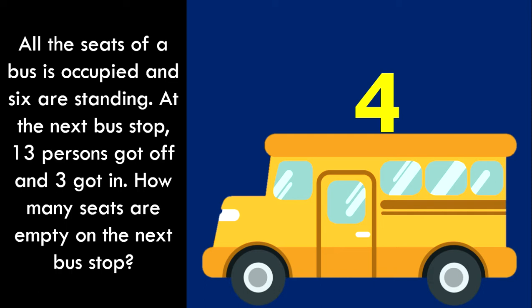Those 3 people will take another 3 seats out of the remaining 7 vacant seats. So therefore, as the bus continues the ride, there are 4 available seats. So as you can see, 13 minus the 6 standing, that's 7, and then 3 got in, that is 4.